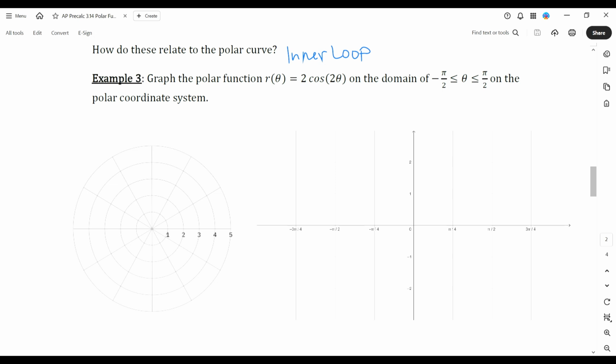When we look at functions like this, I have a horizontal dilation and a vertical dilation. I can bring that from topic 6 to help me graph this, essentially from memory, because I know that cosine goes 1, 0, negative 1, 0, then 1. The 2 condenses the graph so that my one period will look like this.